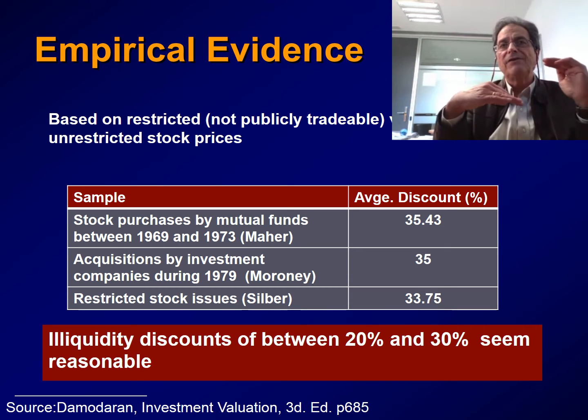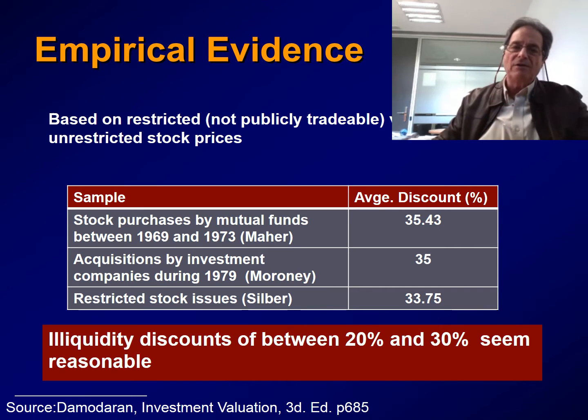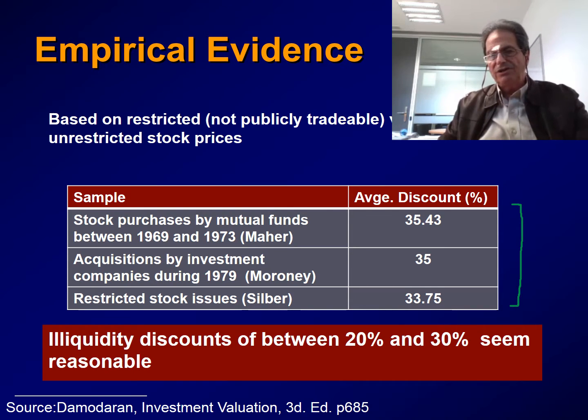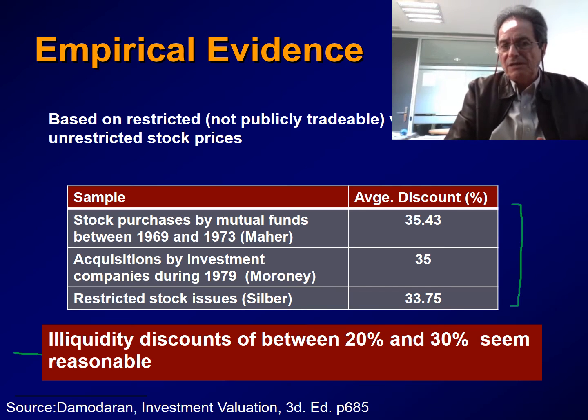If we look at the difference in prices between these two types of shares, we can have an idea of how large is the liquidity discount. And it has been found that the illiquidity discount is in the order of 30 to 35% in average. So we can think that an illiquidity discount of between 20 and 30% seems like a very reasonable one, at least 20%.